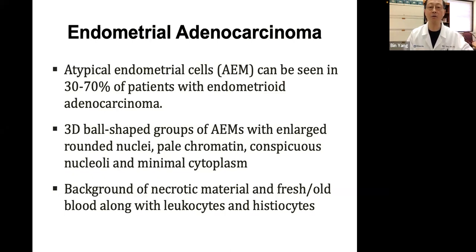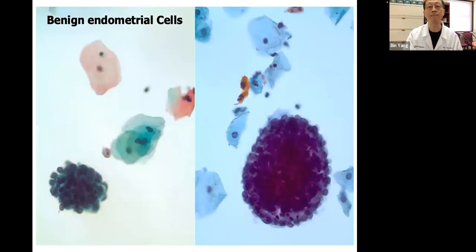Instead of hyperchromatic, their chromatin tends to be more open and paler. They tend to have conspicuous nucleoli with vacuolated or minimal cytoplasm. The background tends to have necrotic or old blood and inflammation.